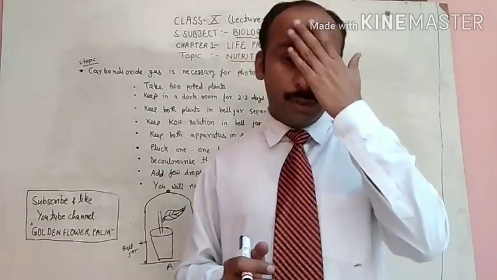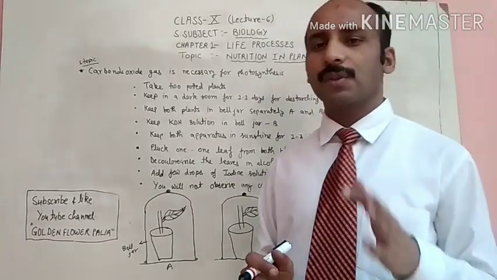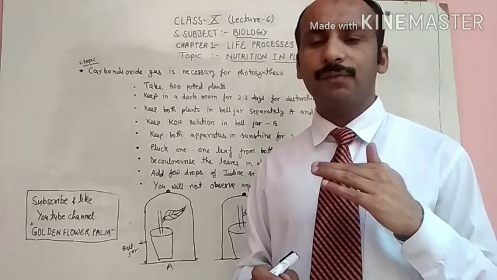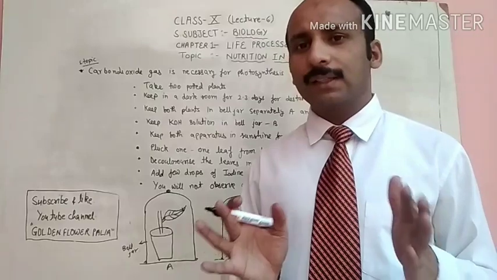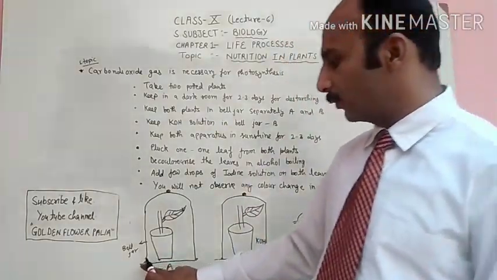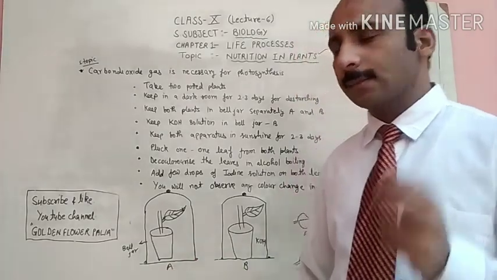What we have to show is that without carbon dioxide the photosynthesis process cannot take place. So in this experiment we have to make sure that carbon dioxide does not go inside, which is why we make the insulation with Vaseline or grease.